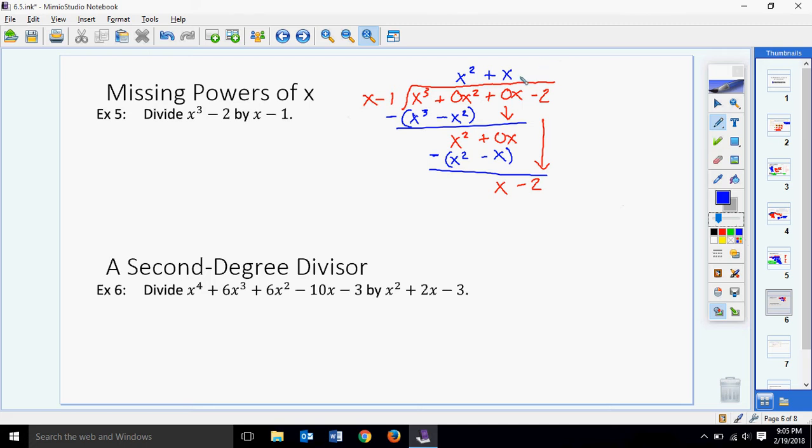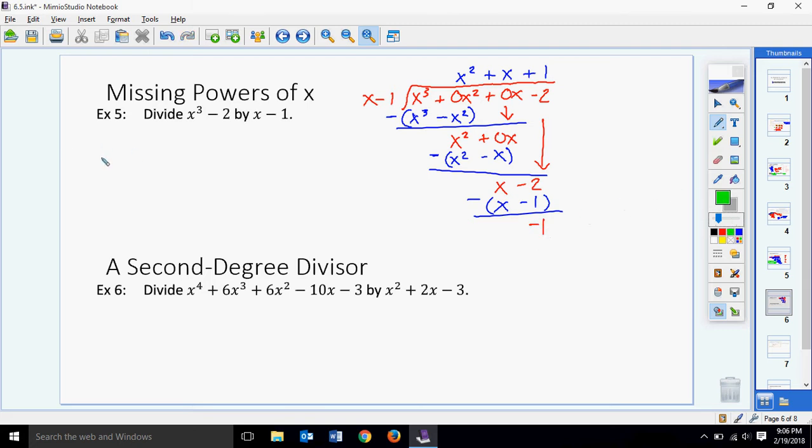X times what would give you x? Well, x times 1 would give you x. So 1 times x is x. 1 times -1 is -1. I subtract. -2 minus a -1 would leave me with a -1.